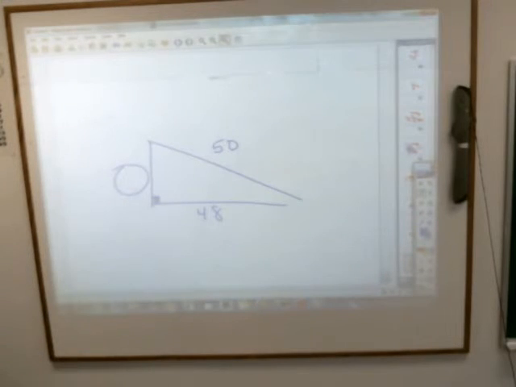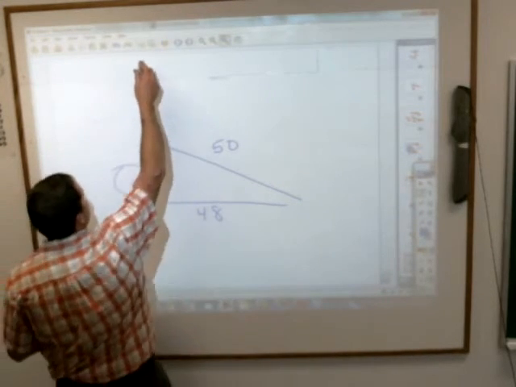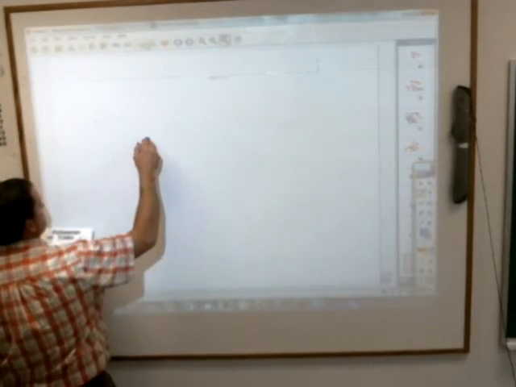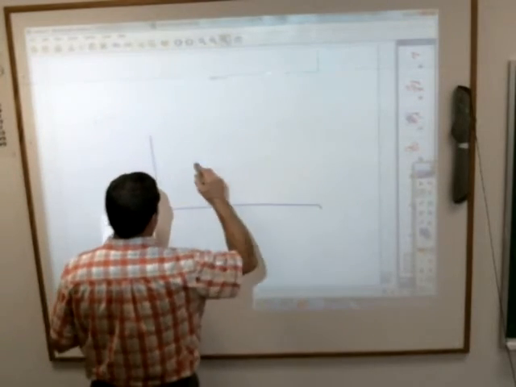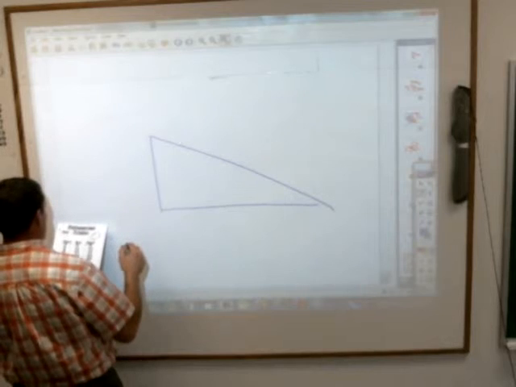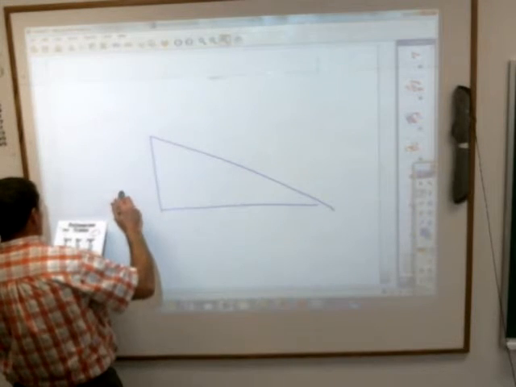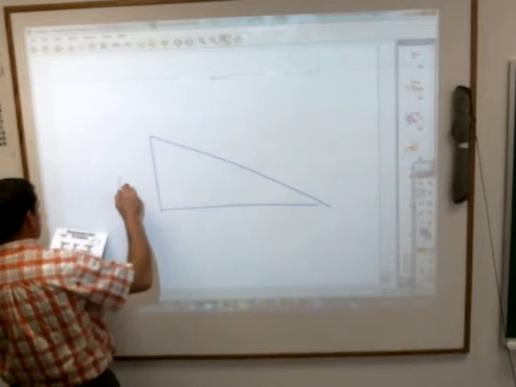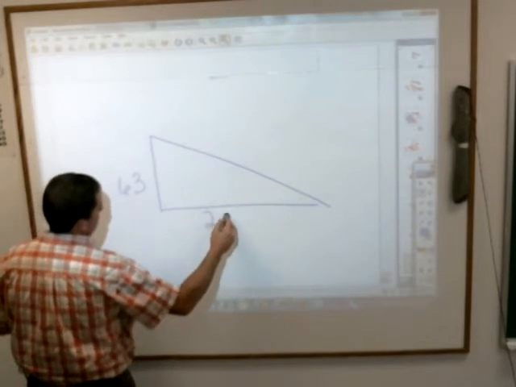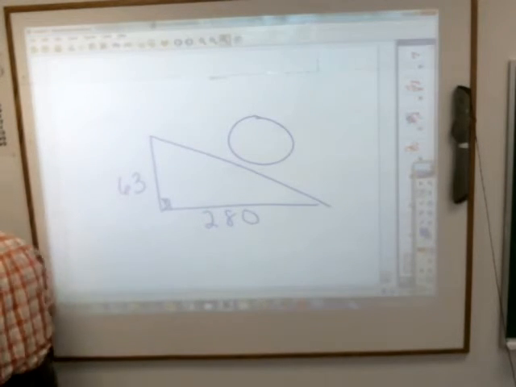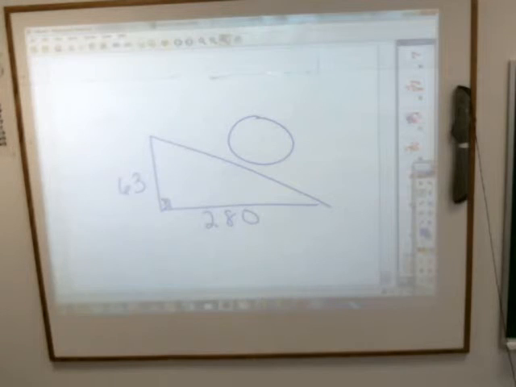And one last one here. How about a 63, 280 something triangle?